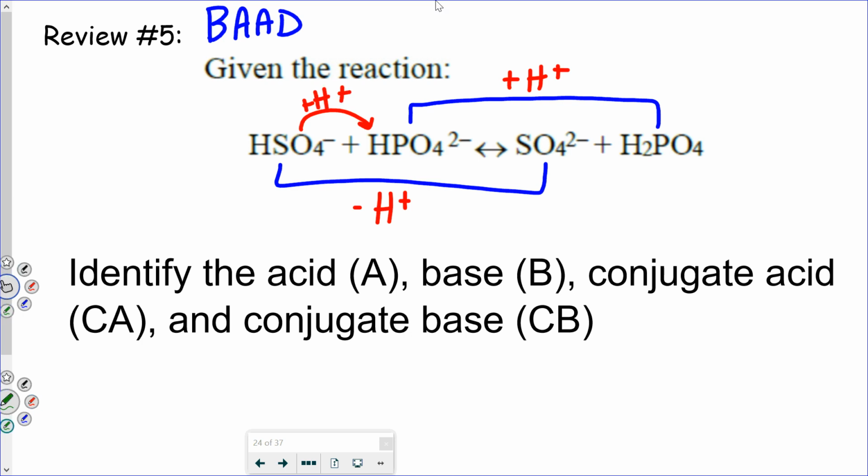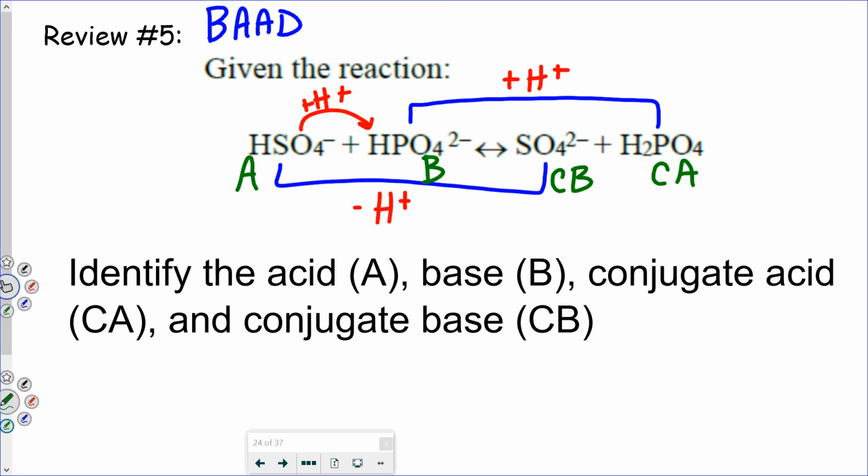Then you remember your phrase, BAAD, bases accept, acids donate. This must be my acid because it is a donor, and the HPO4 must be a base because it's an acceptor. The acid is always bracketed with its conjugate base, and the base is always bracketed with its conjugate acid. So that's how you would do that one.